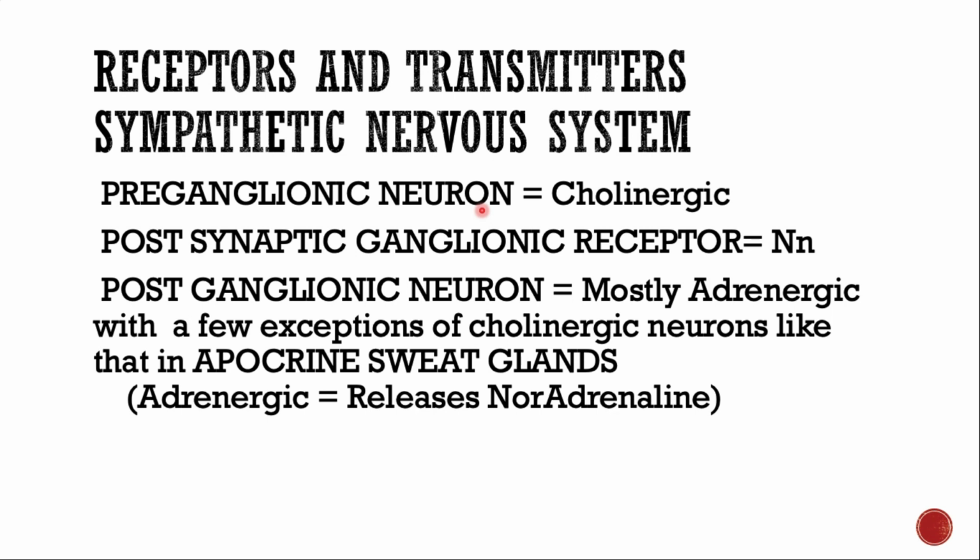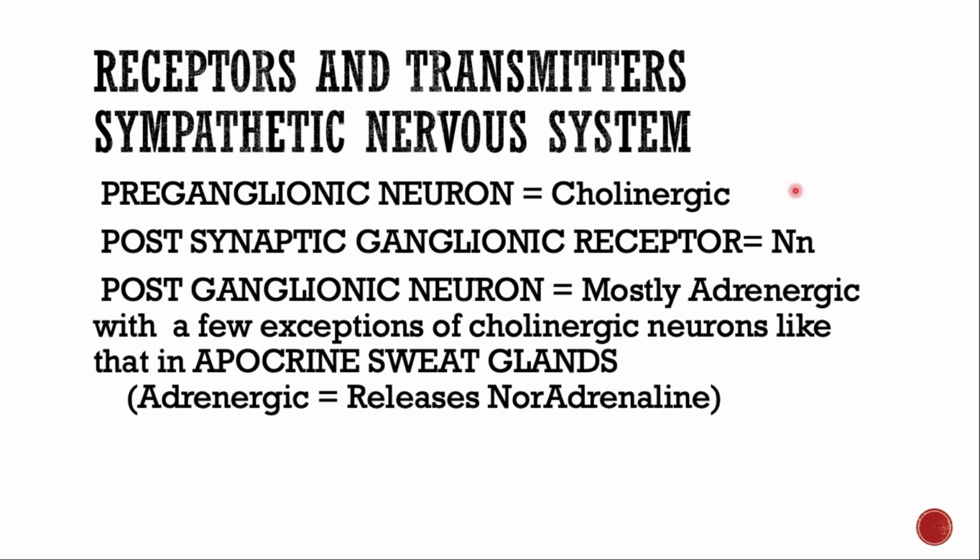Then the postganglionic neuron originates from there and makes a synapse at the effector level. So mostly the preganglionic neurons are cholinergic and the postganglionic receptors are nicotinic N receptors, as we studied in the parasympathetic system. They are the same. This point and the second point are the same for both sympathetic and parasympathetic.